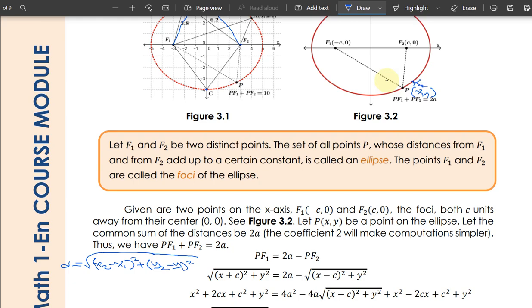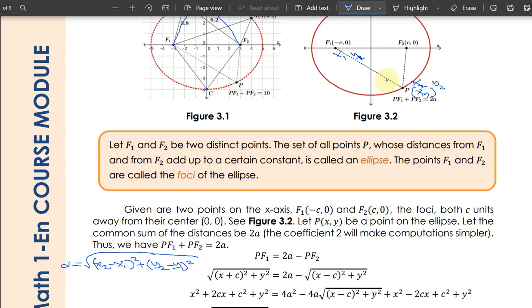So for example, this is our x sub 2, this should be our y sub 2, no? So diri naman, if this is our x sub 1, so ang tapat niya kay y sub 1. Meaning, x sub 1 equals negative c, y sub 1 equals 0. X sub 2 equals x, y sub 2 equals y.